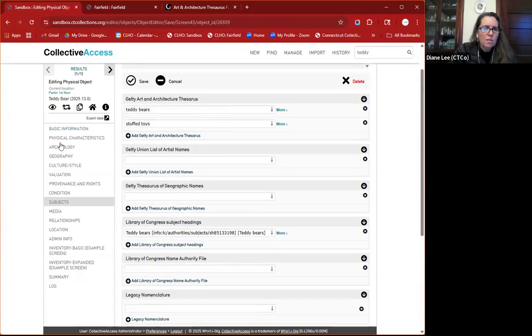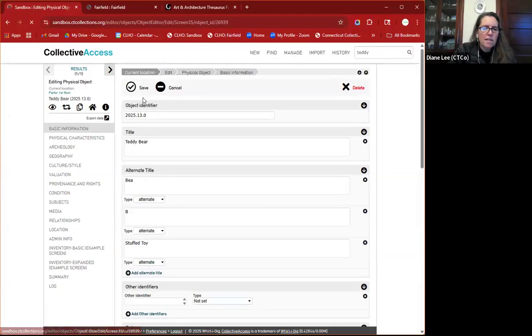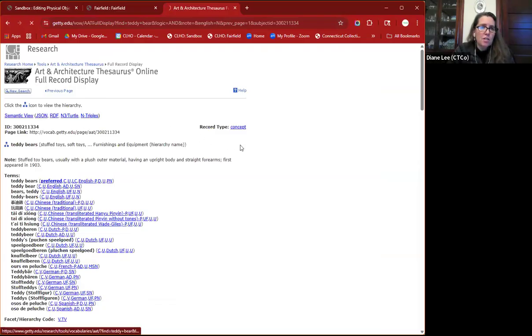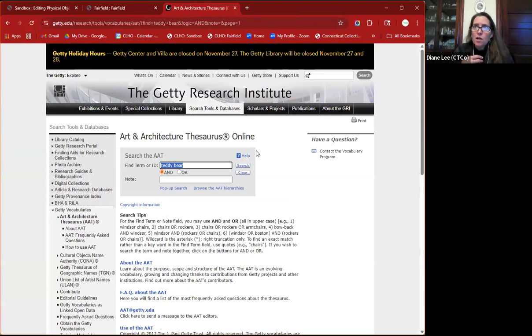Something else that's a good one that I was thinking of for this is wedding dresses. Everybody's got wedding dresses of some sort or another. My museum, when I started, there was a wide range of what they called them. Wedding dresses, wedding gowns was a big one. When I go into Getty and do a new search, I've always called them in my database wedding dresses, which is perfectly acceptable.